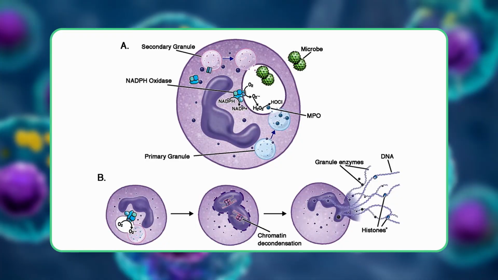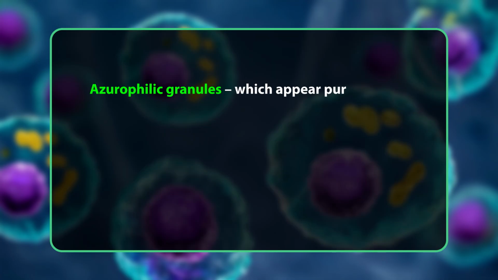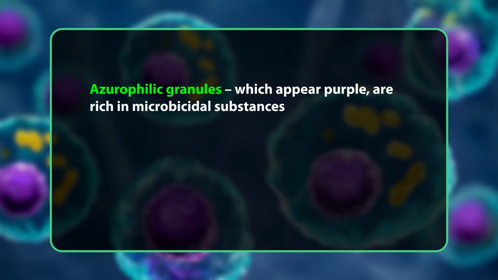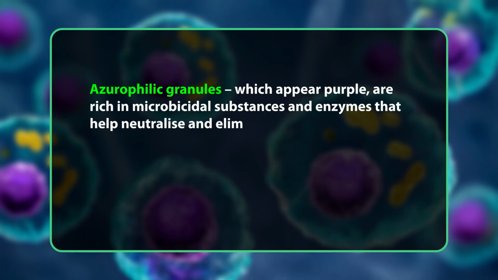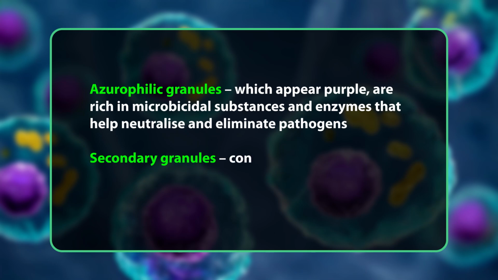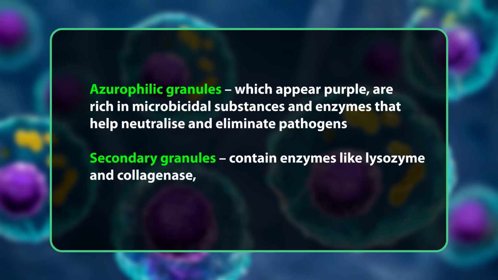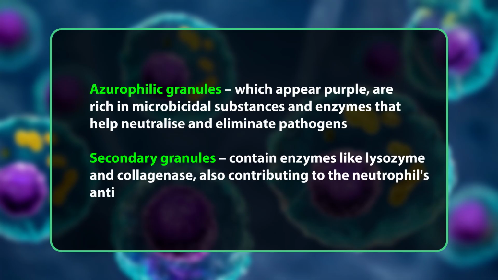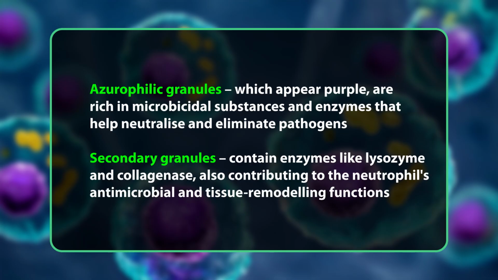Neutrophils contain two main types of granules: azurophilic, that is primary granules, and secondary granules. Azurophilic granules, which appear purple, are rich in microbicidal substances and enzymes that help neutralize and eliminate pathogens. Secondary granules contain enzymes like lysozyme and collagenase, also contributing to the neutrophils' antimicrobial and tissue remodeling functions.